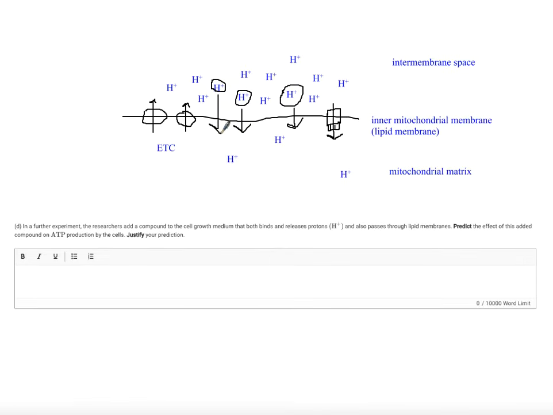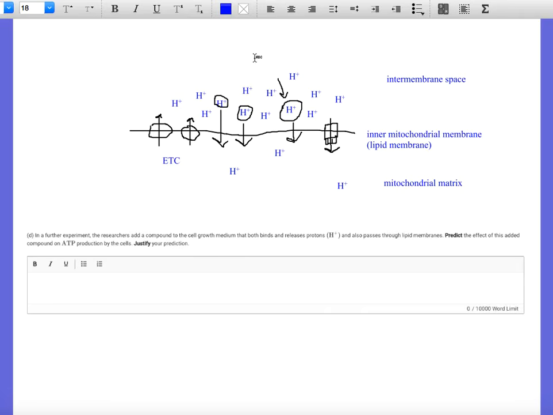And then it's going to release hydrogen ions into the mitochondrial matrix, right? So this, the thing that I'm circling, is our mystery compound, whatever it is. So there's our compound that can take hydrogen ions across the lipid membrane.